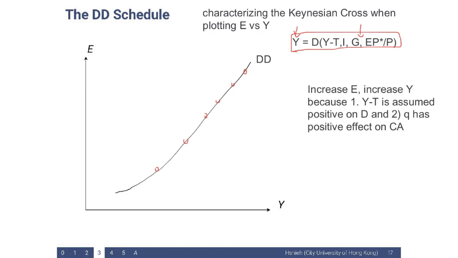So the takeaway from this plot is that when you increase E, you will increase Y. And this relies on two assumptions, right? Primarily two assumptions. One, Y minus T is assumed to have a positive effect on D. And two, we assume Q has a positive effect on CA.